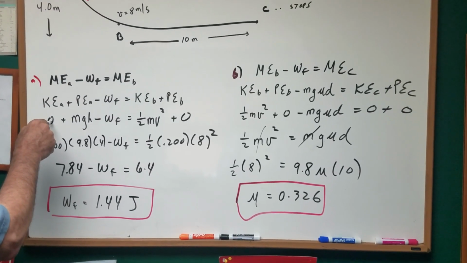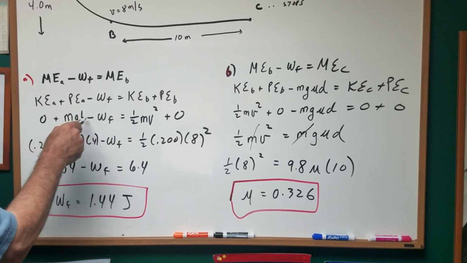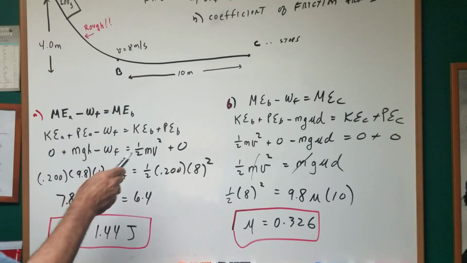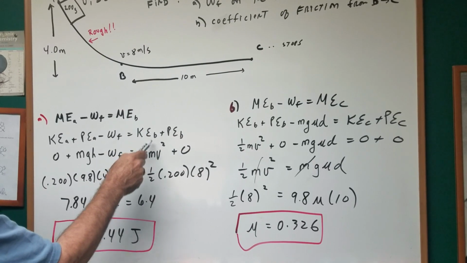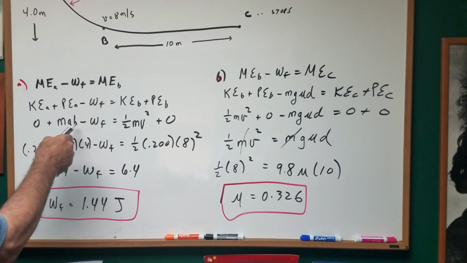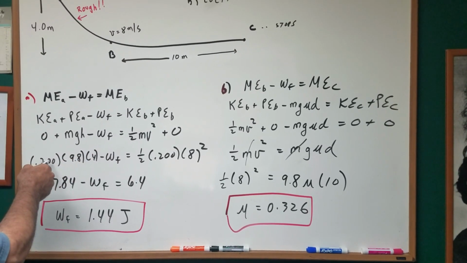It started from rest. Therefore, there's no kinetic energy at point A. We do have potential energy, which is mgh. There's the work of friction. When it gets to the bottom, there is no potential energy at B. There's no height. There's only kinetic, which is 1/2 mv squared. So we now get mgh minus the work of friction is 1/2 mv squared, and we do the plug-in.